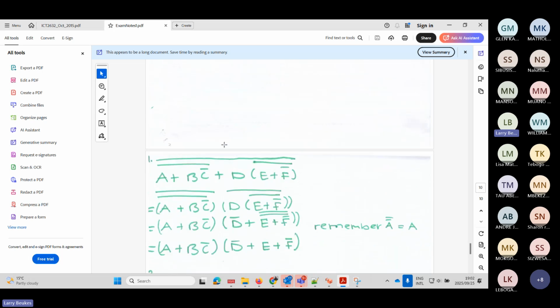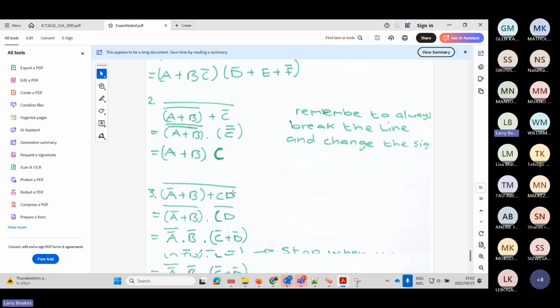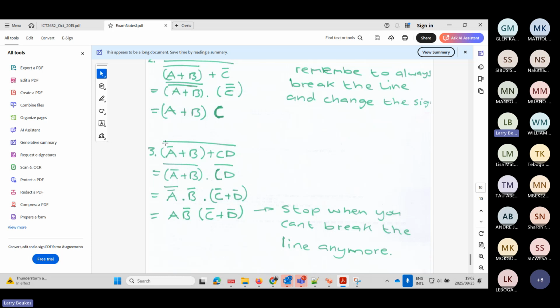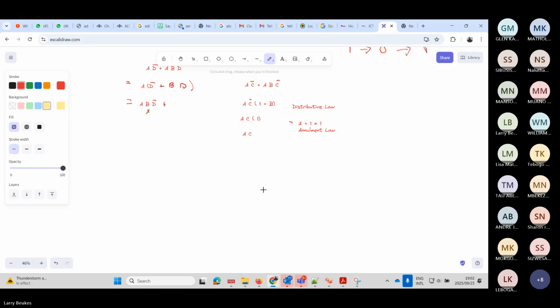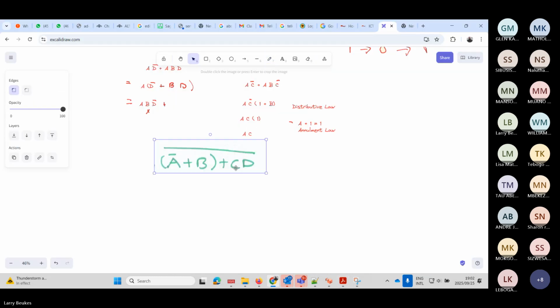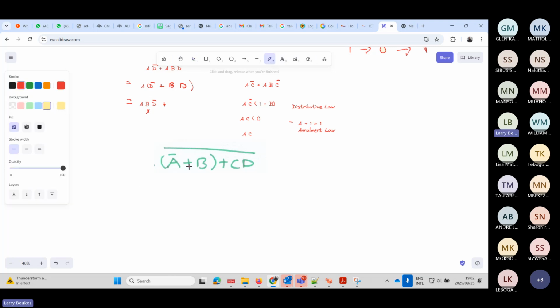Here is one of the examples. I don't want to do a long one. So for example, this one. De Morgan's theorem says that we're gonna break this line in half, then we're going to change this sign, right? So here we will definitely have A plus B, A or B, with our brackets.